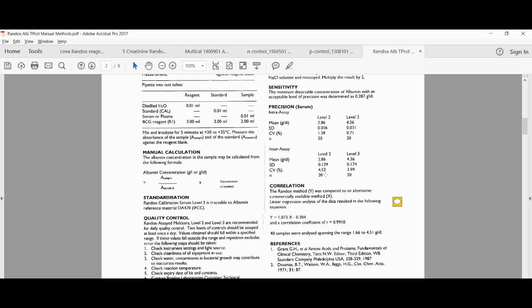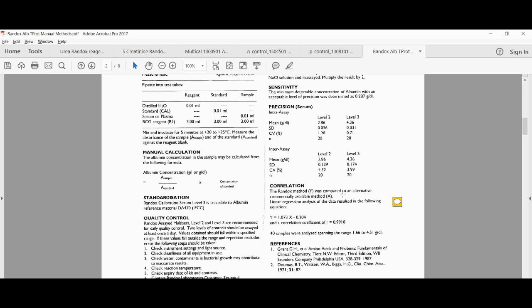So over a couple of days, level 2 and level 3 were analyzed 20 times, and the CV calculated, and found also good precision. Good precision for the inter and for the intra assay.